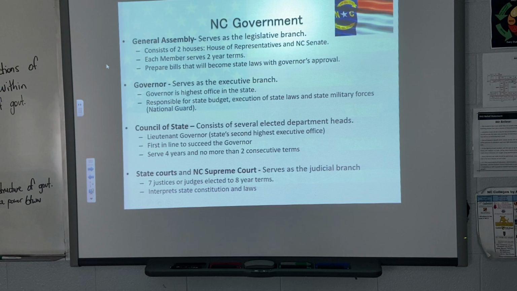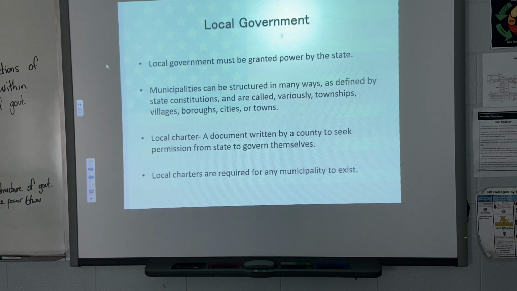They have elected terms, whereas the judicial branch on a U.S. scale is in for life, unless there's grounds of dismissal because of bad behavior. They do the same thing. They interpret the state constitution and state laws. So make sure that you know the working capacities of North Carolina's legislative branch, executive, and judicial. All right, local governments must be granted power by the state.